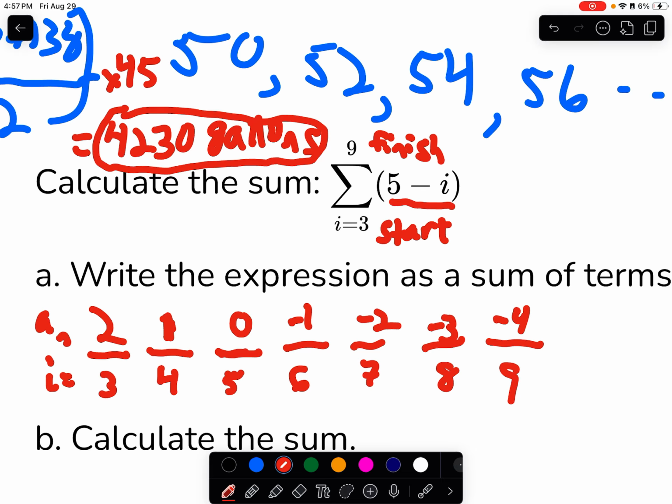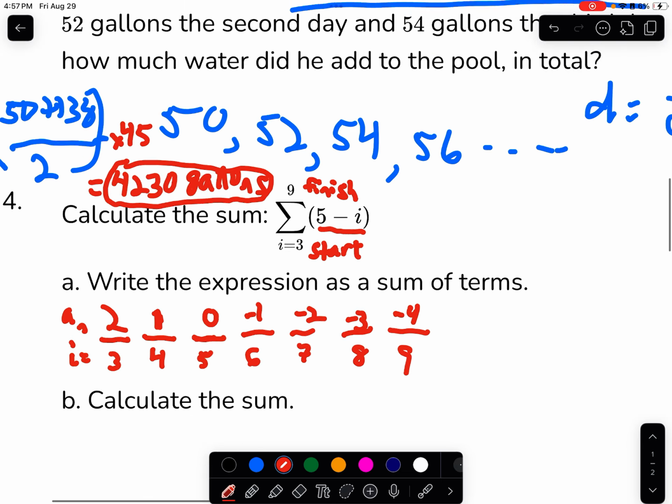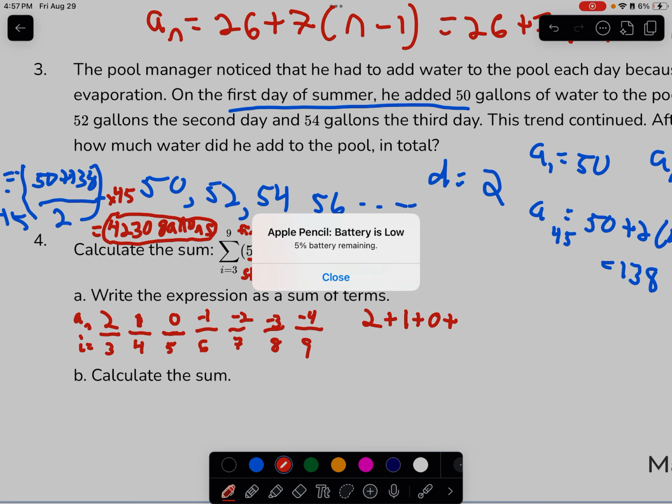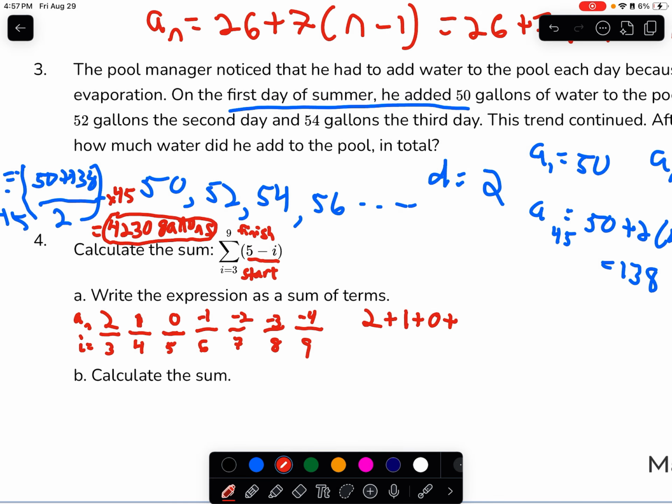So the sum of terms would be 2 plus 1 plus 0 plus -1 plus -2 plus -3 plus -4.